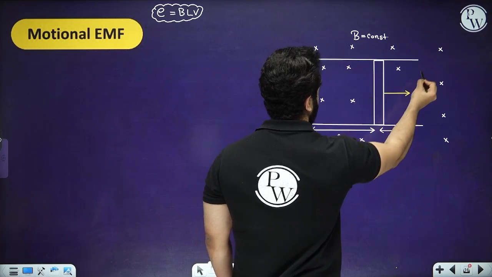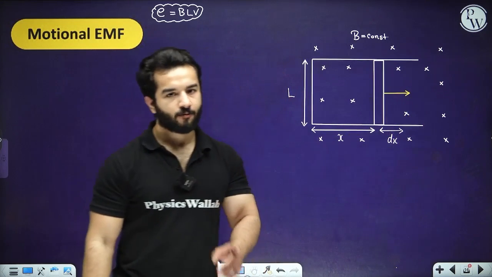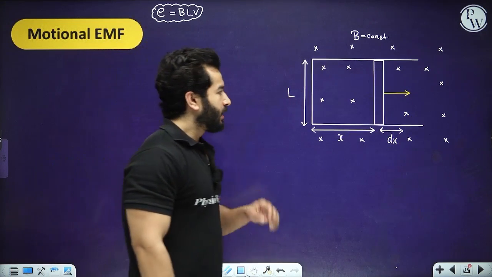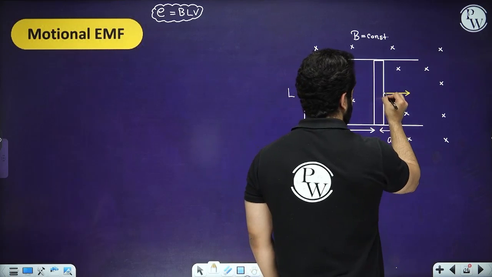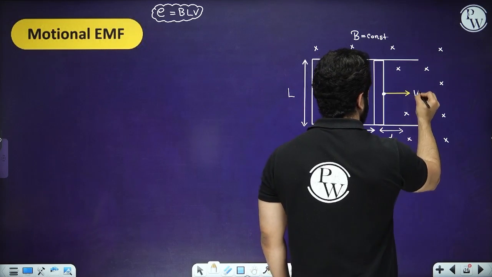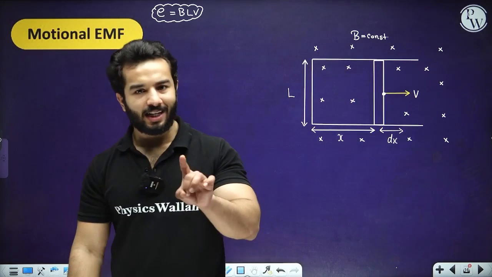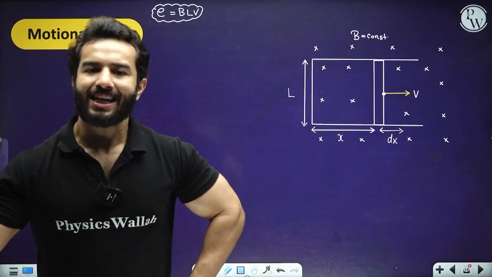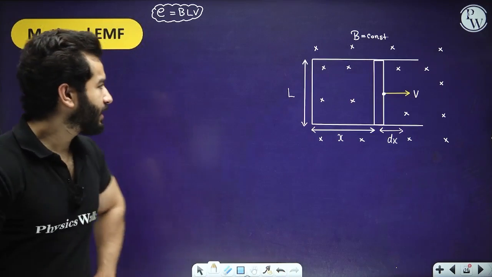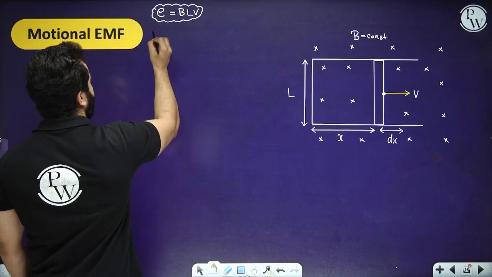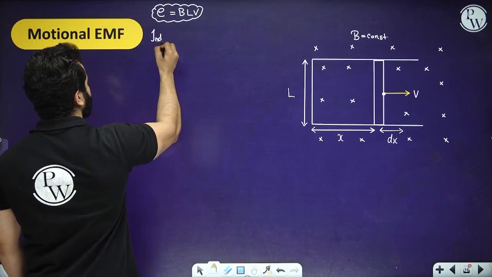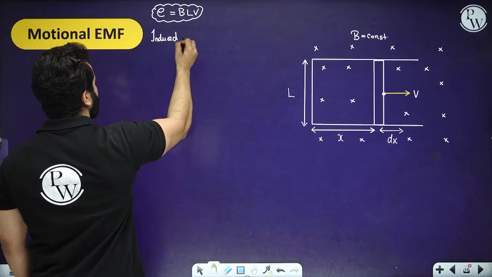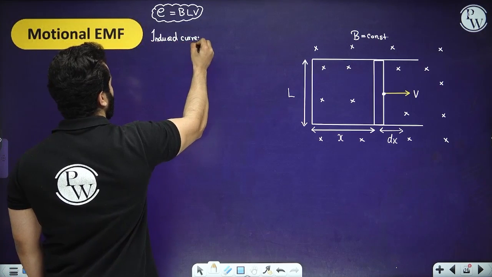There are two ways to understand it. The first way is, we have a rod which is moving like this, and there will be a current in this rod. That current will be an induced current, correct? This will create an induced current in the rod.